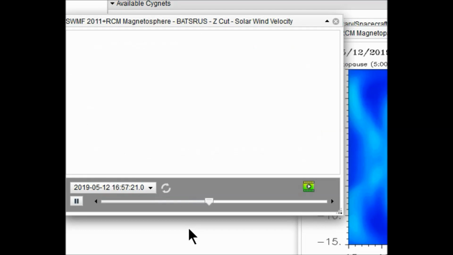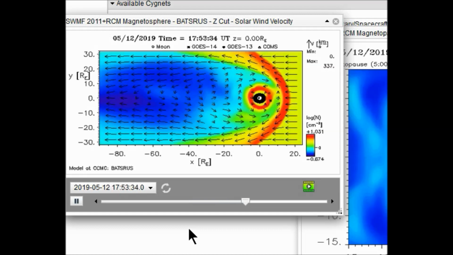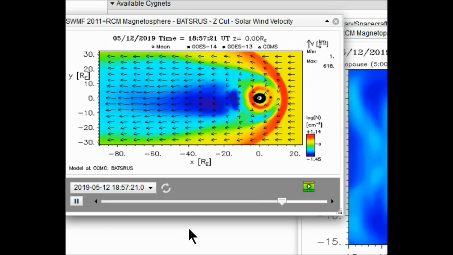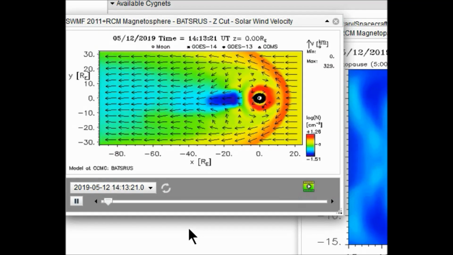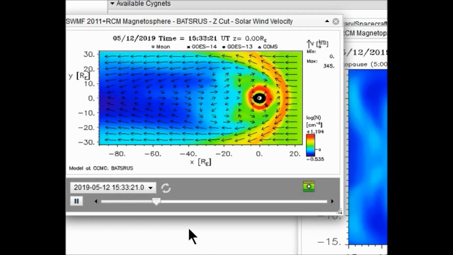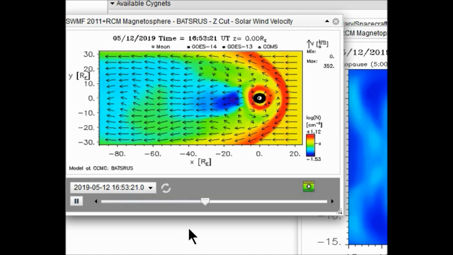You can tell there's no density changes on the far right hand side of the simulation. There you see a little color change from yellow to green, but green is less density. So if you have less density, probably have higher speeds, maybe could twist up and unsettle your magnetic field lines.